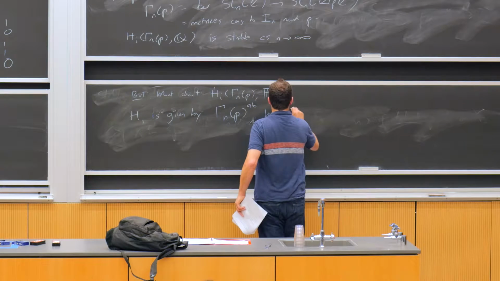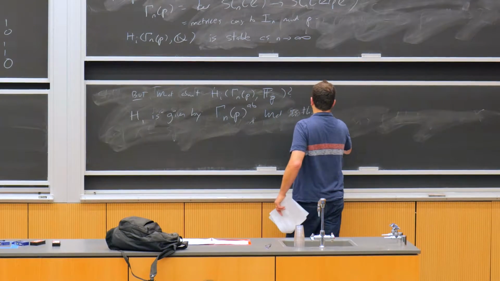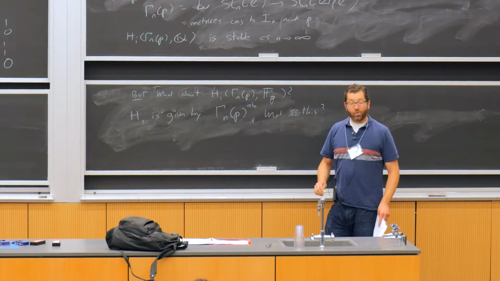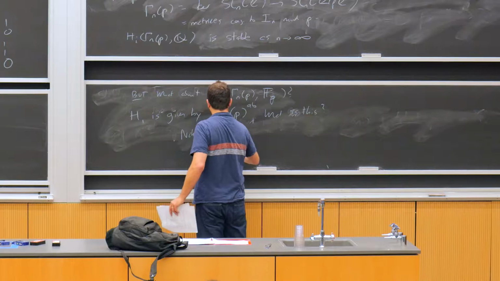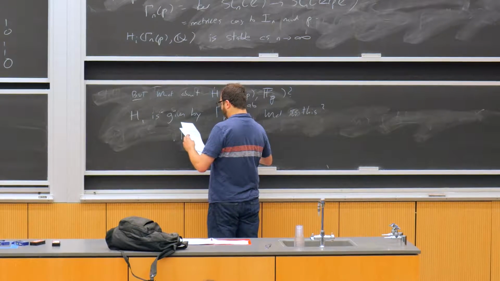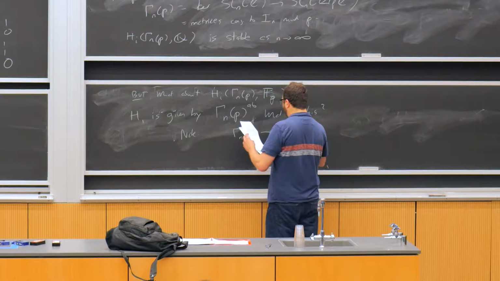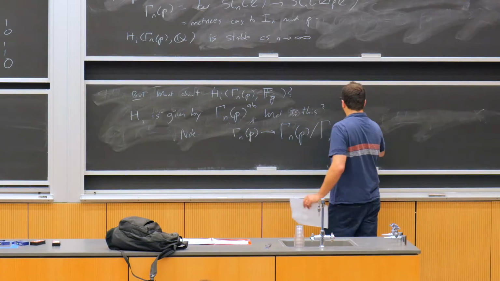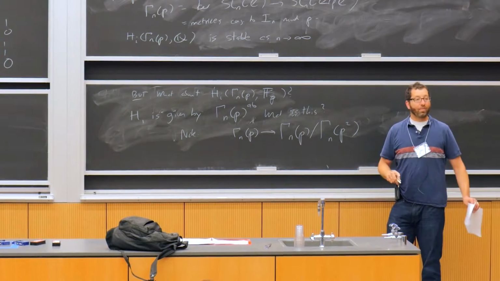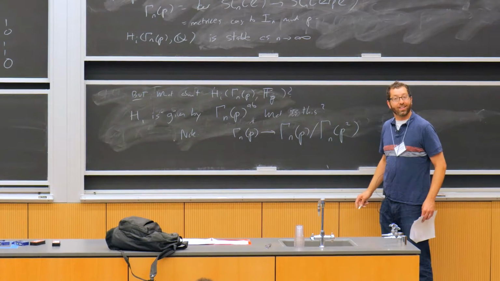Because this group has a very natural abelian quotient. Namely, I can take Gamma_n(p) and map it, I can certainly quotient by the group of matrices which are congruent to 1 mod p squared. And then the miracle is that this group is abelian.